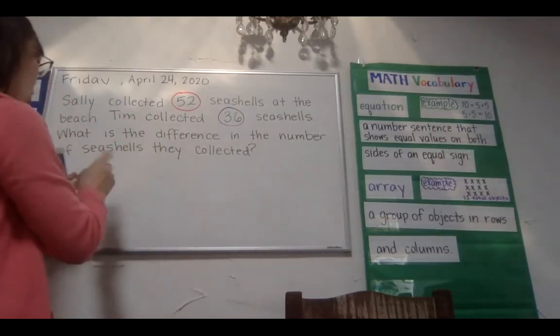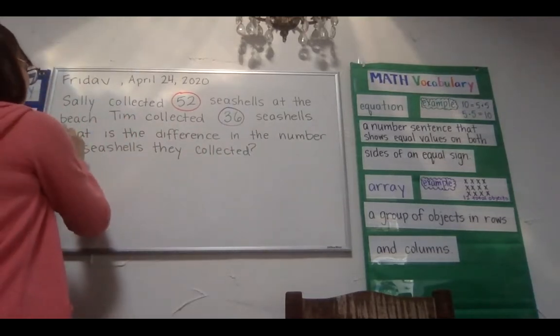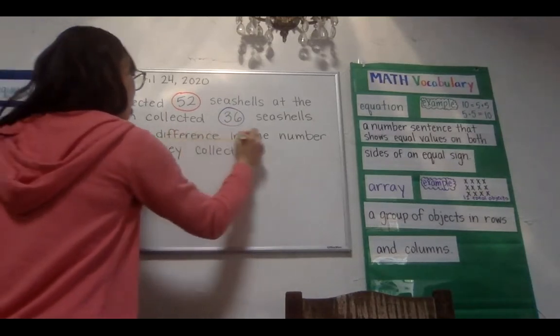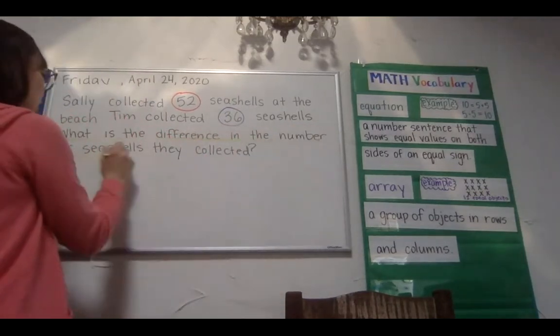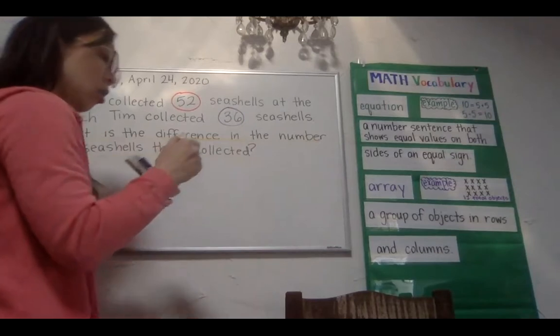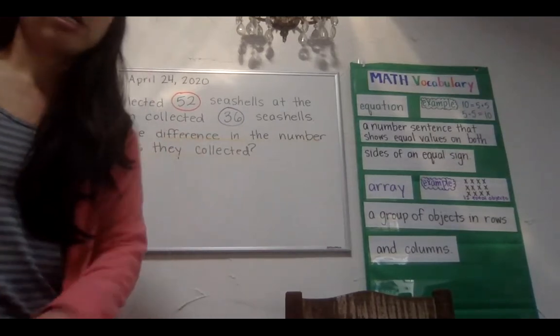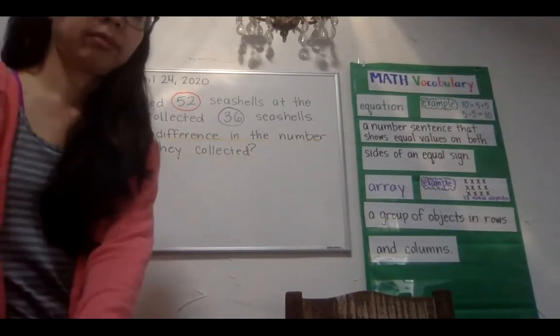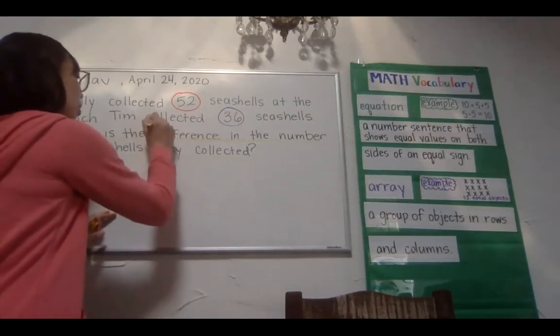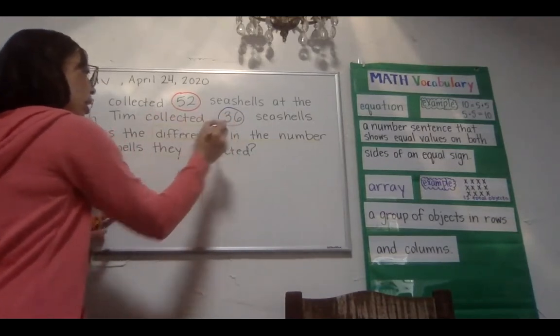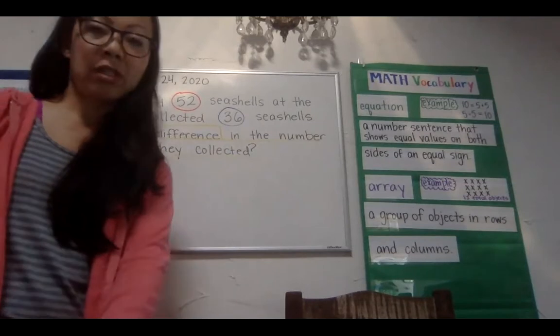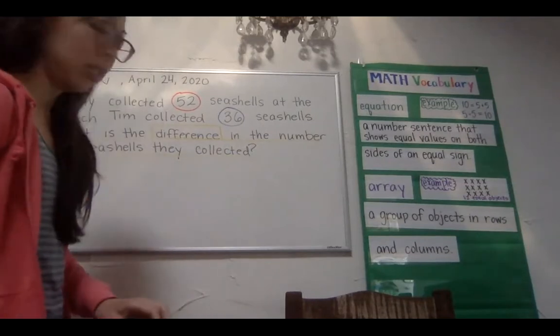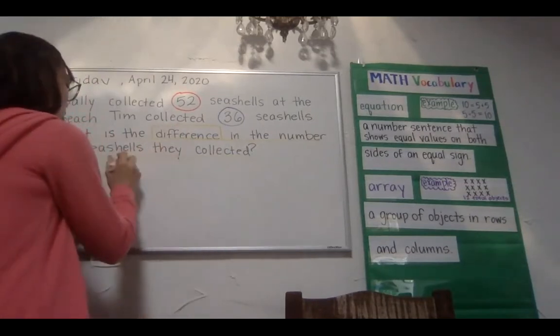I have to find out what is the difference in the number of seashells they collected. Well, I know that keyword difference tells me that I have to be subtracting. Difference means subtracting. So I'm going to take my 2 numbers, 52.